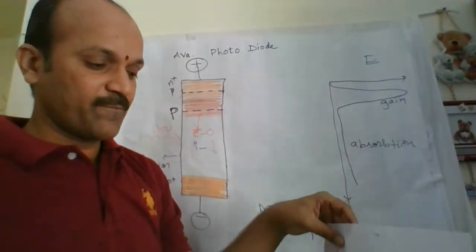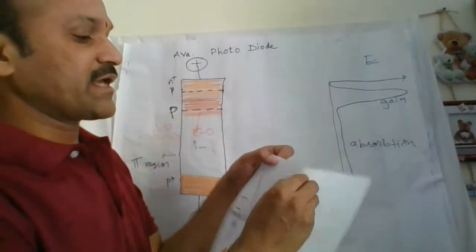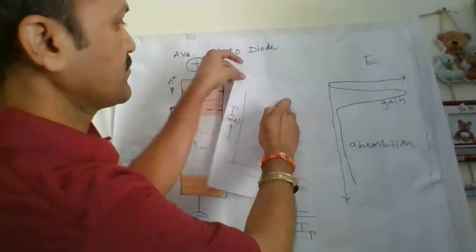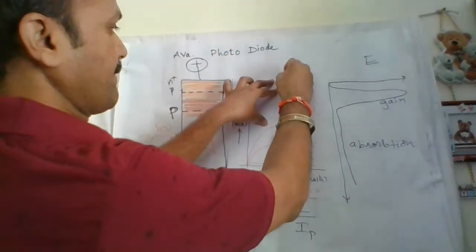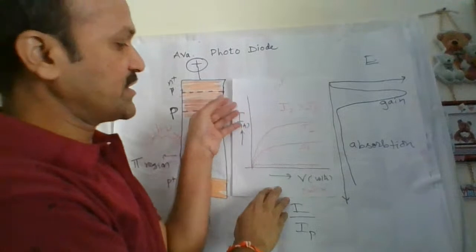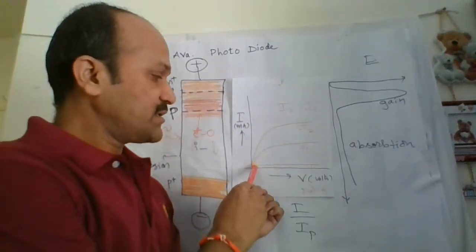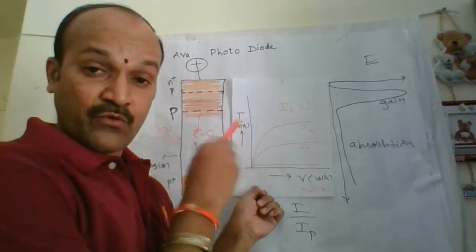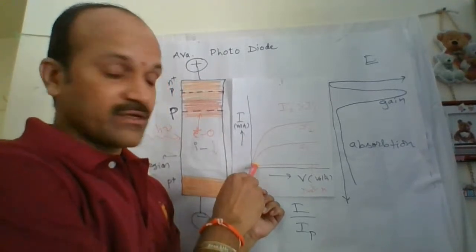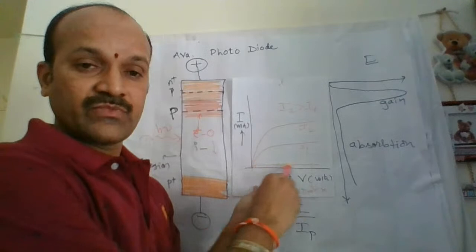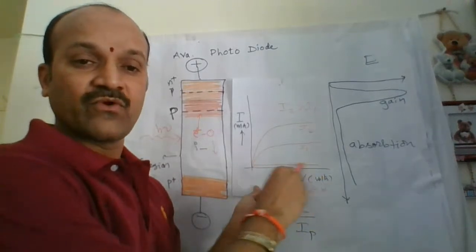Due to that, when you study VI characteristics, we can see before incident of any light, you can see some magnitude of current flowing in the circuit.